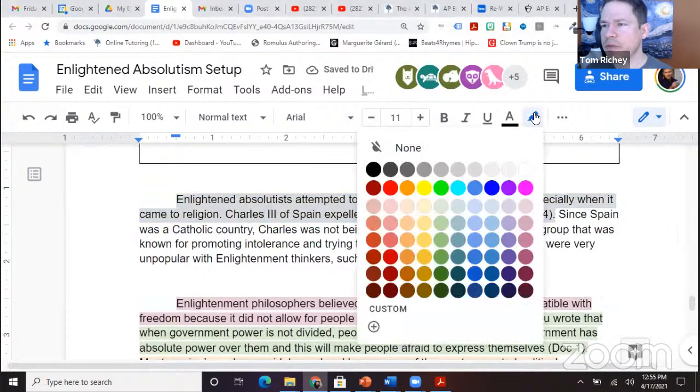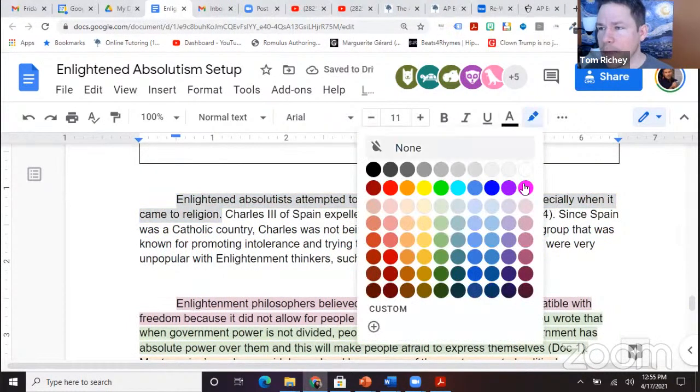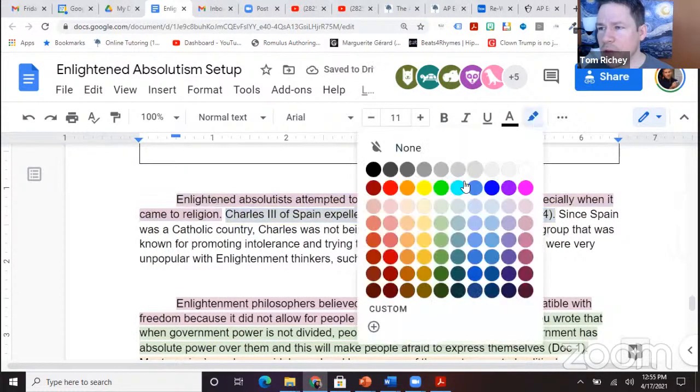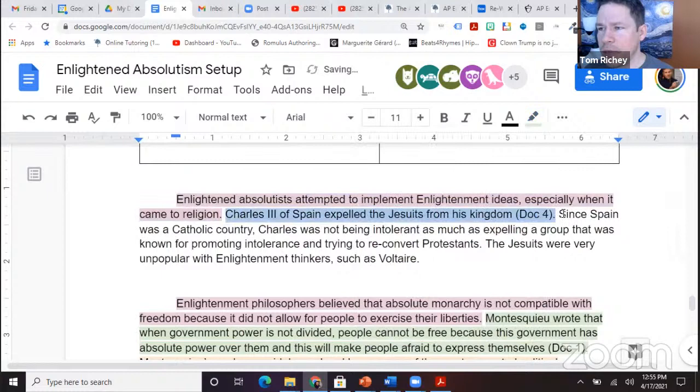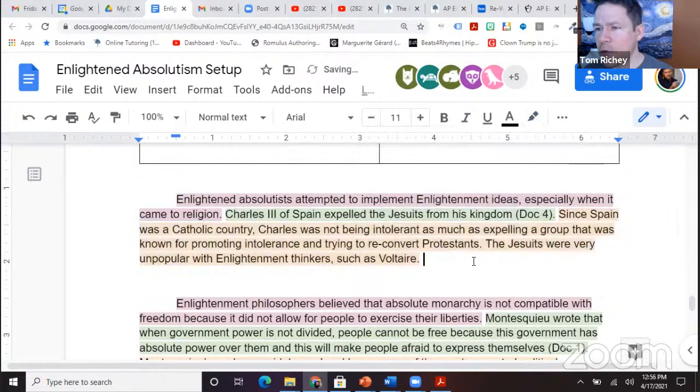Again, what we've done here is topic sentence. So we've got the topic sentence, then we've got a valid reference to the document. And then here, we have our historical context.